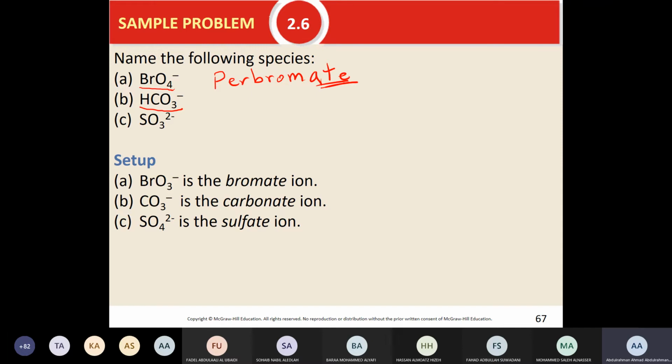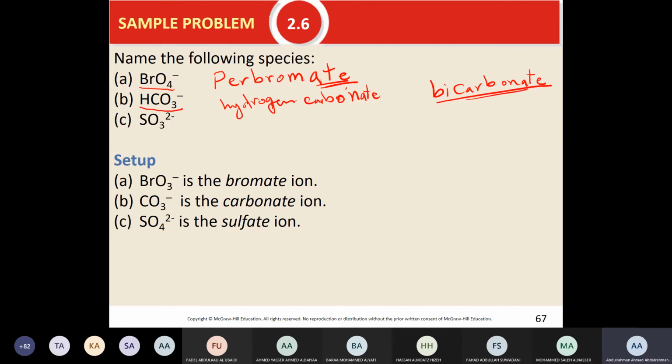What's the name of this group? Hydrogen carbonate, or known as bicarbonate.